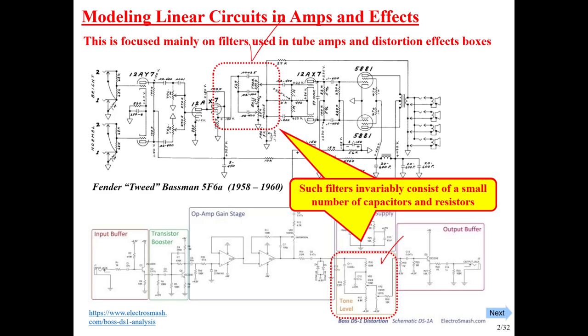Now, I didn't mention this in the previous one, but you should take into account the output impedance of the driving stage. Same thing here. We should try to model the output impedance of that and how it is going to affect the operation of the circuit. Similarly, the input impedance of the next stage should be modeled. So whatever we see going in here should be modeled as well.